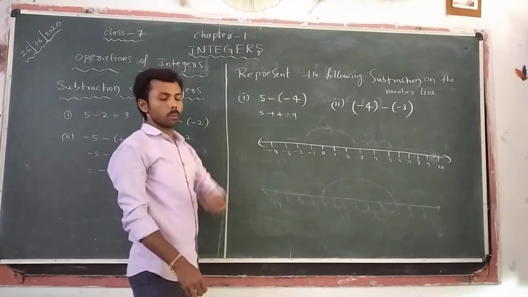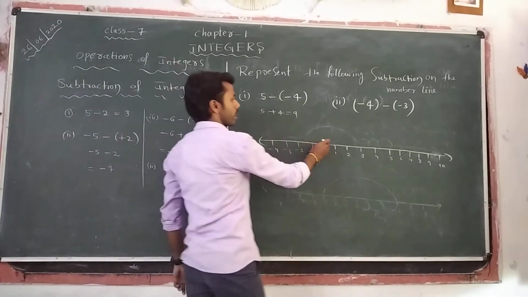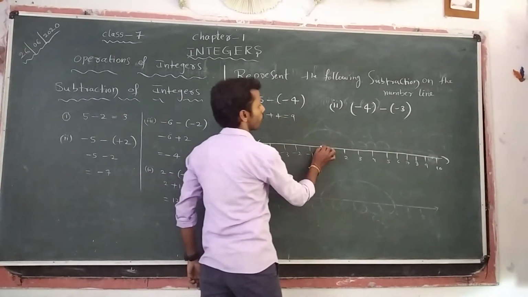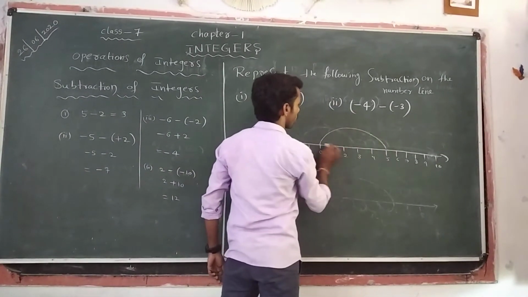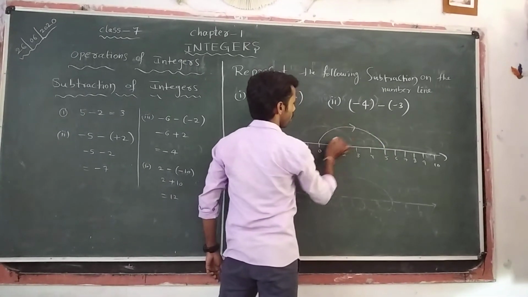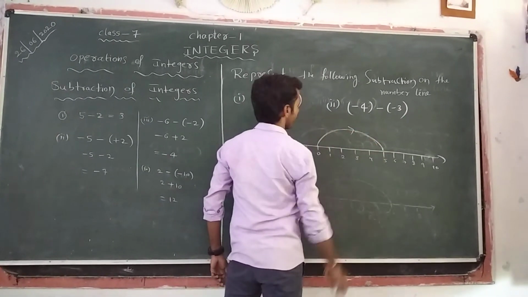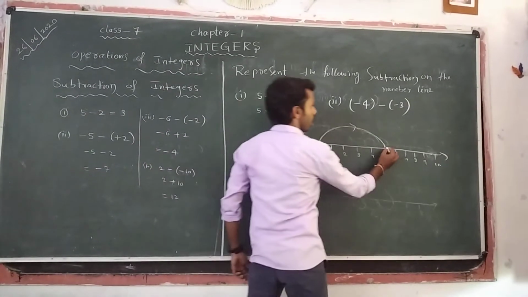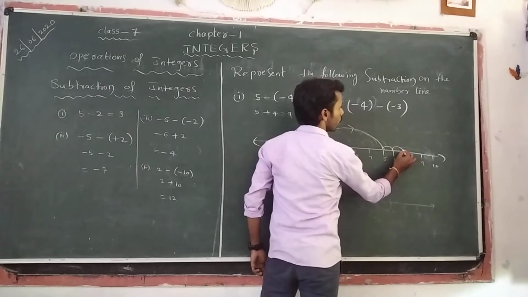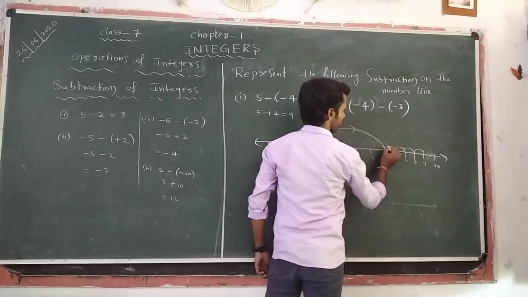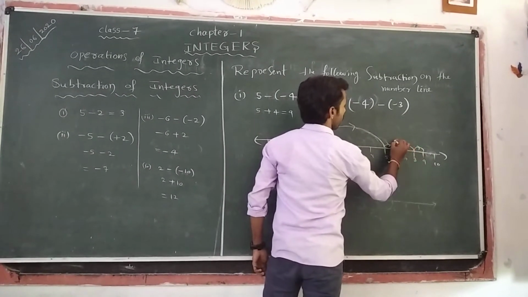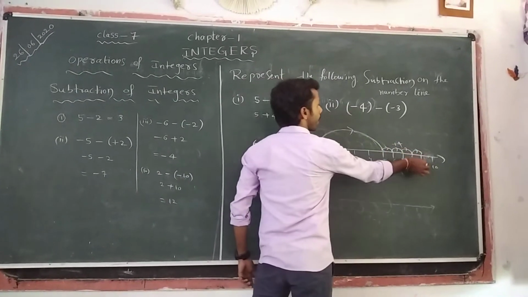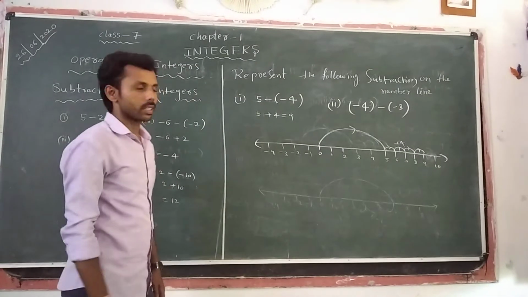So 9 is a positive integer, on the right side of 0. First go from 0 to 5, then plus 4 is added to 5: 1, 2, 3, 4. So 5 plus 4 equals 9. Another example.